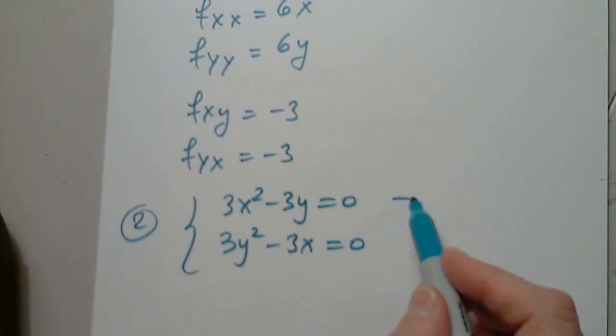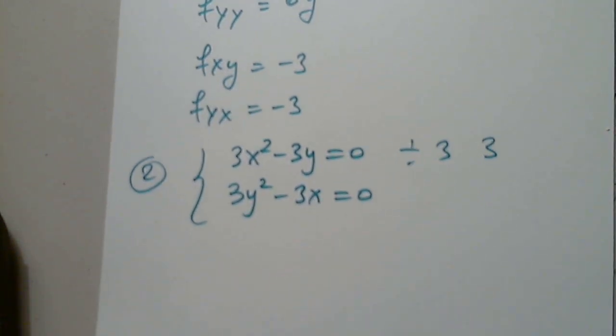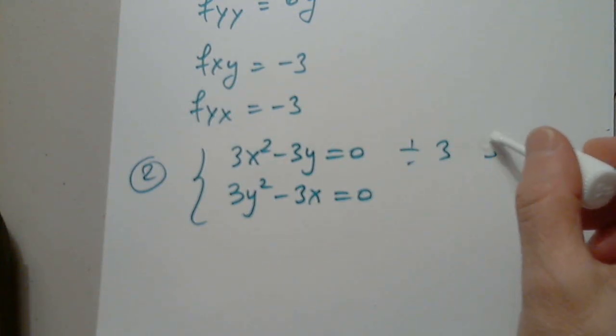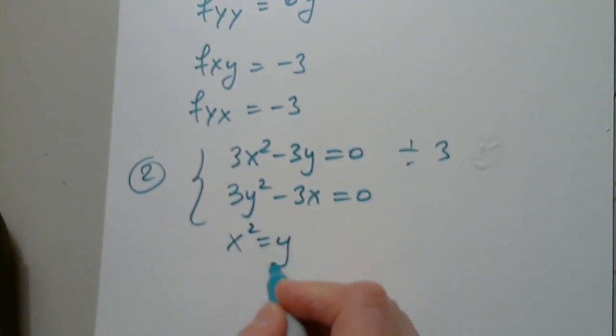So, of course, I will divide both sides by 3, and I get x squared equals y.